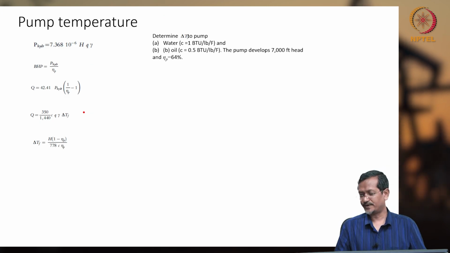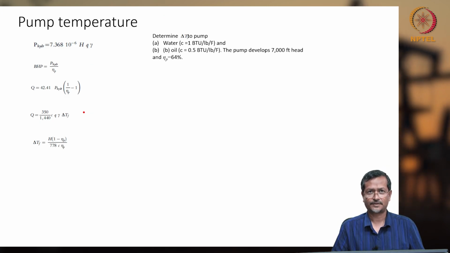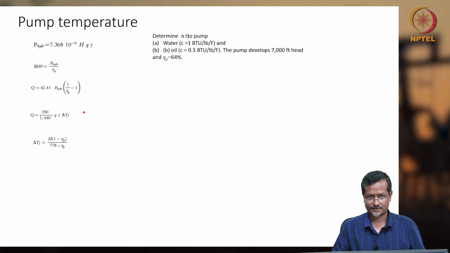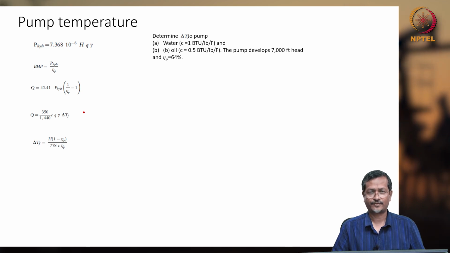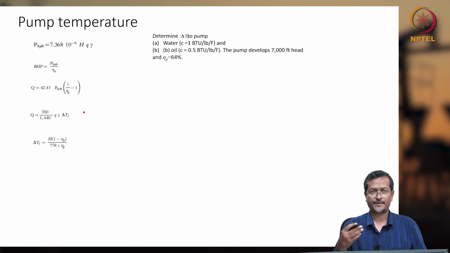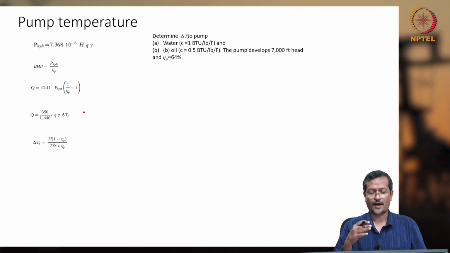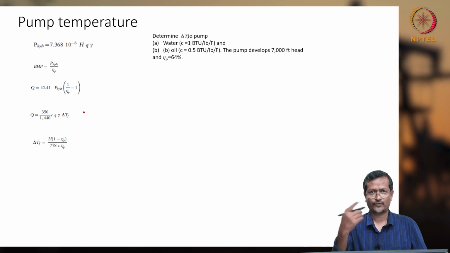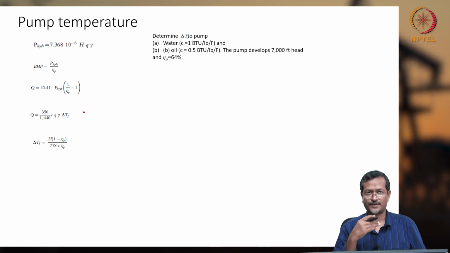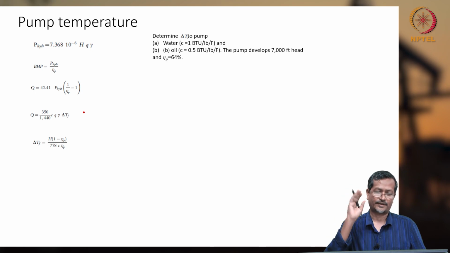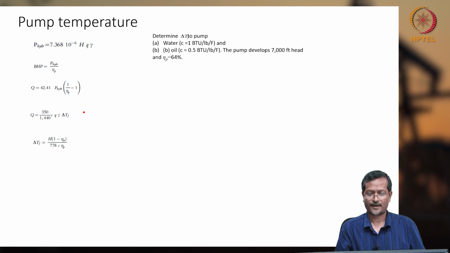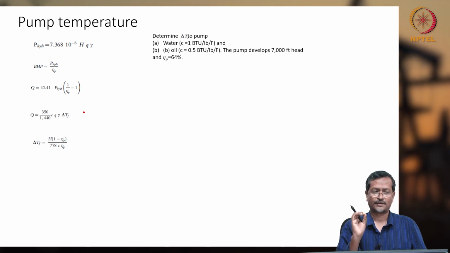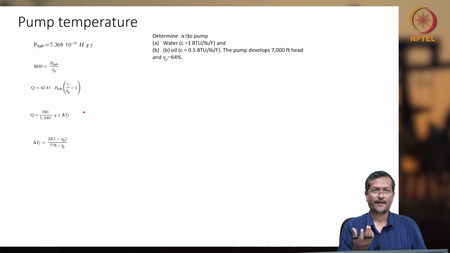Pump temperature rise. When fluid is flowing through the pump, there will be lots of energy losses. If you have a good amount of energy losses, the pump temperature will go up. If the fluid flow is very high, the heat will be taken away by the fluid, and the amount of heat taken away depends on your fluid flow rate and your heat capacity.